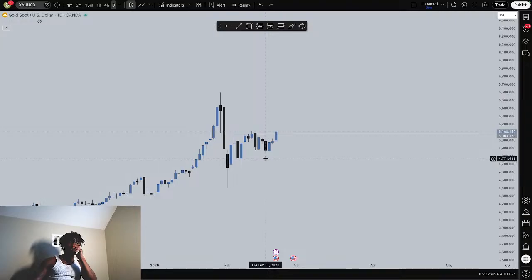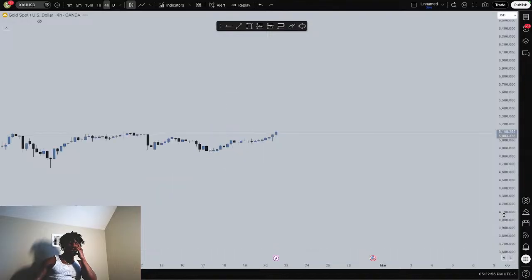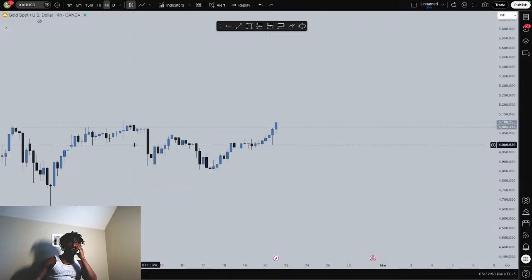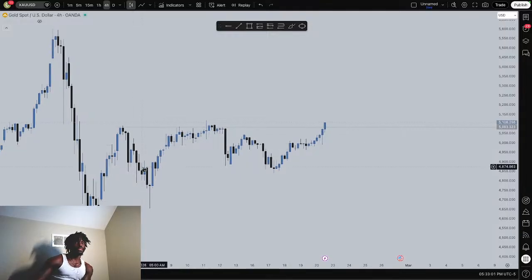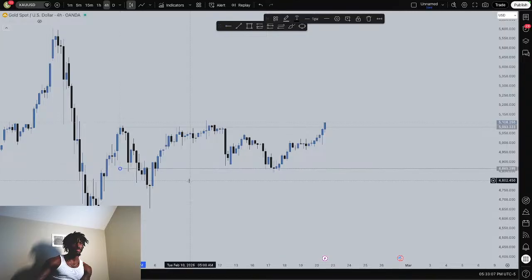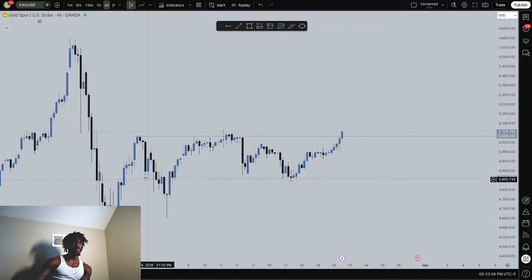Originally traded sideways, trying to support down here, which was the main support of that, but within this overall range, I really want to keep it simple. The next support that I want to mark off, if price does continue to trade back lower, will be here. Major support down here.